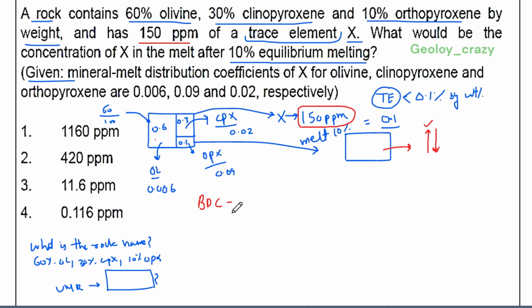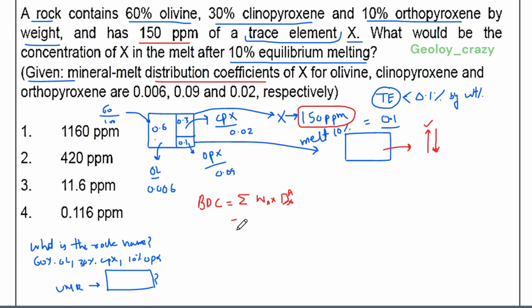Bulk distribution coefficient means the summation of the weight fractions of the minerals multiplied by the distribution coefficient of x in those minerals. Suppose I am writing here A, for x we are calculating.